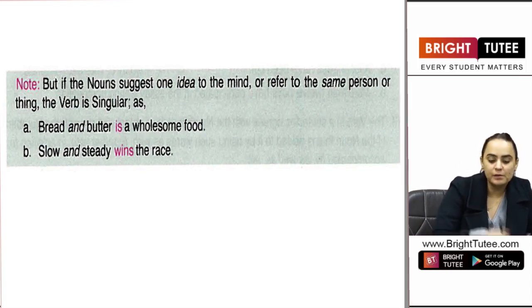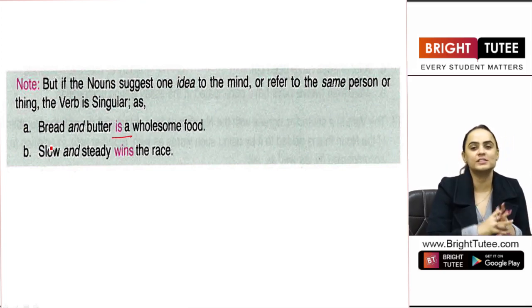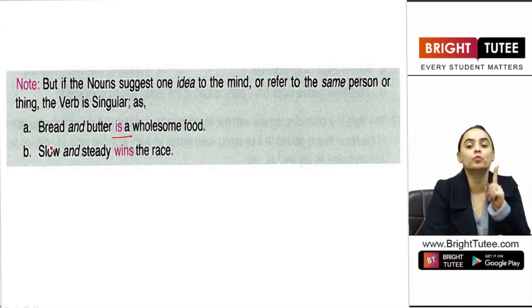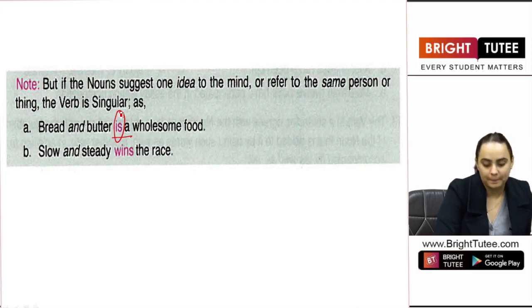For example, bread and butter is a wholesome food. So bread and butter, we all understand, is always used together, and this refers to one meal. So bread and butter is a wholesome food.